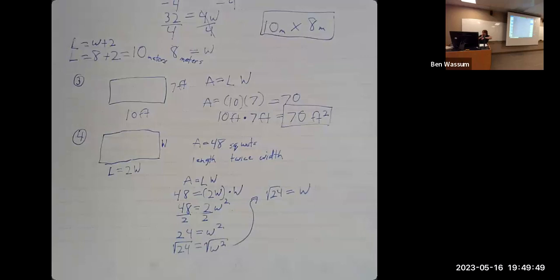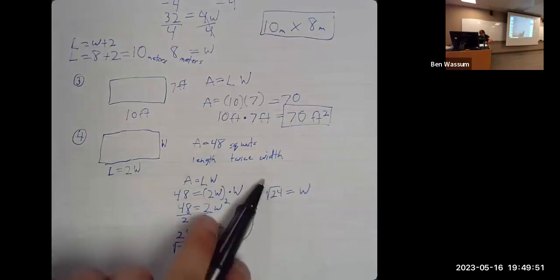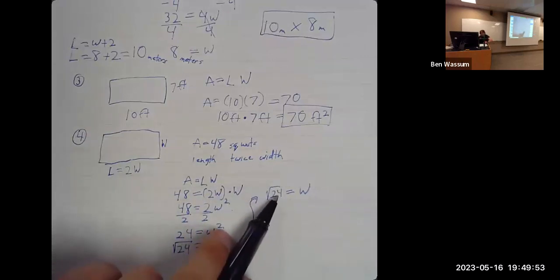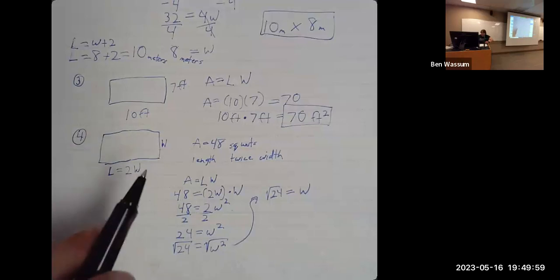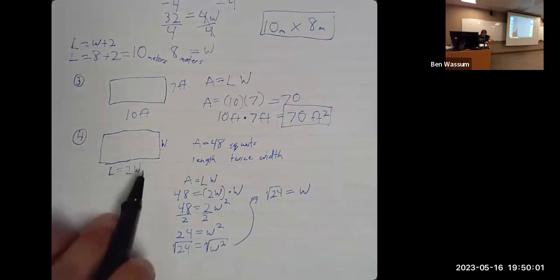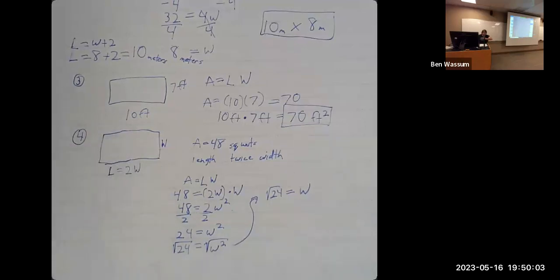Now, we could go to the trouble of doing the prime factor thing and breaking this down and all that, but we're dealing with a word problem. We're dealing with lengths of units. We're not going to give them like a weird square root thing, right?